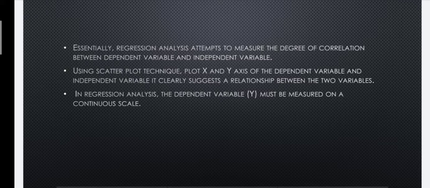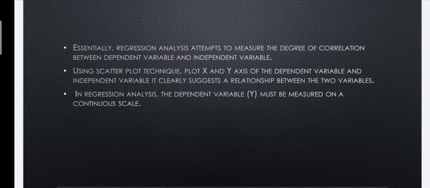In regression analysis, the dependent variable must be measured on a continuous scale. Okay, why? Y must be continuous scale. Okay, so you punya Y tu cannot be qualitative variable. Okay, should be continuous scale.